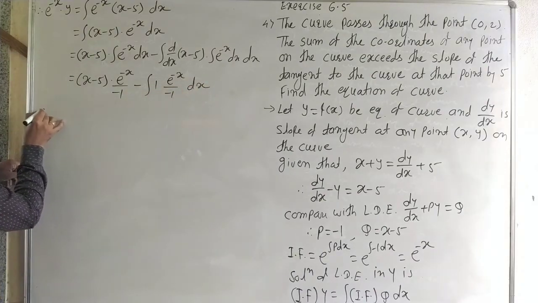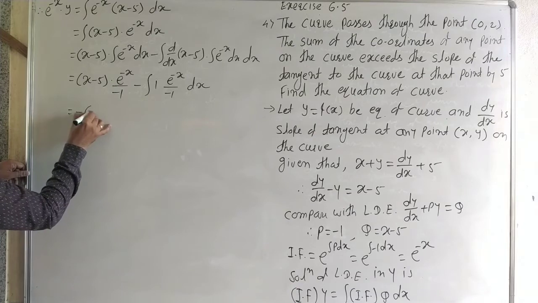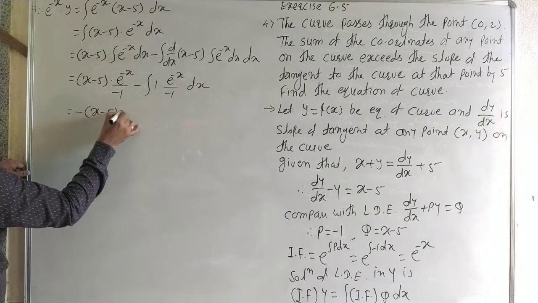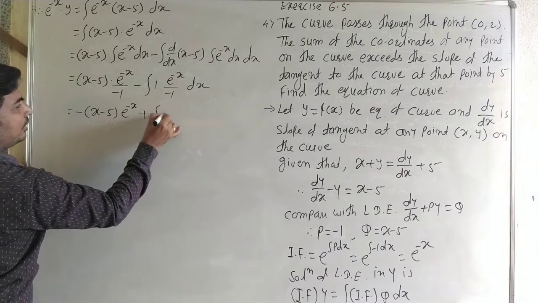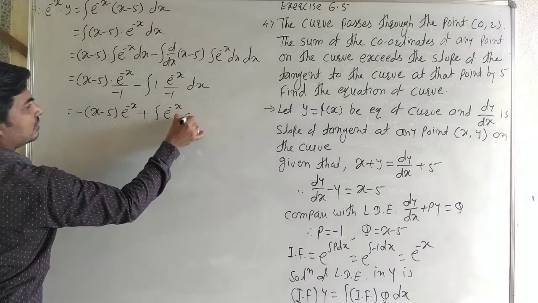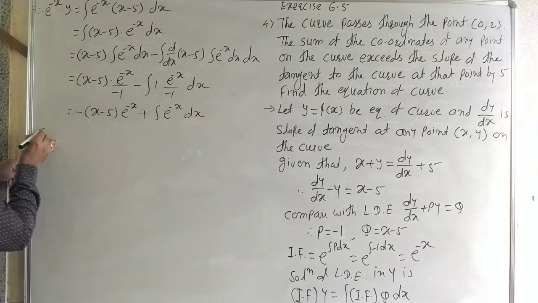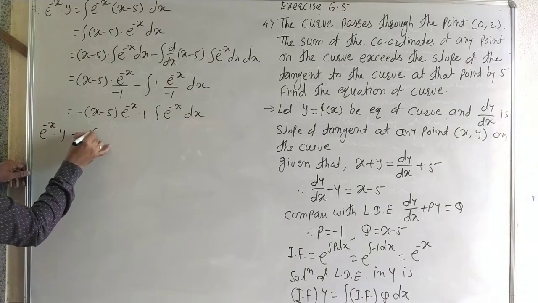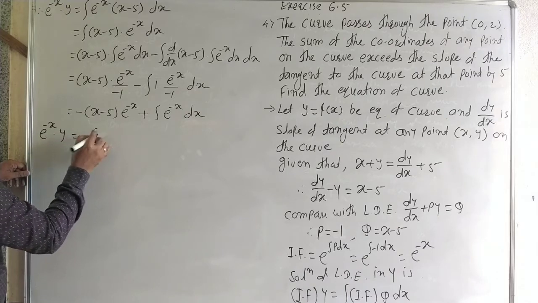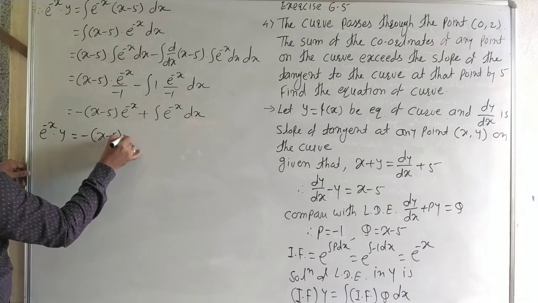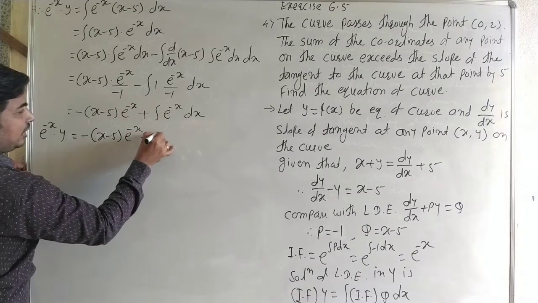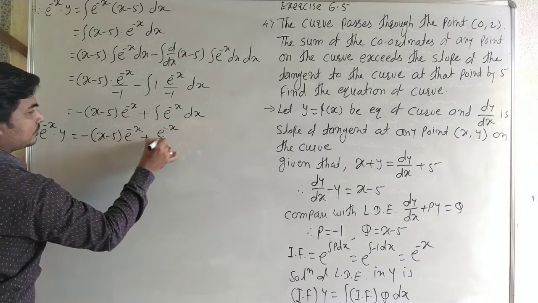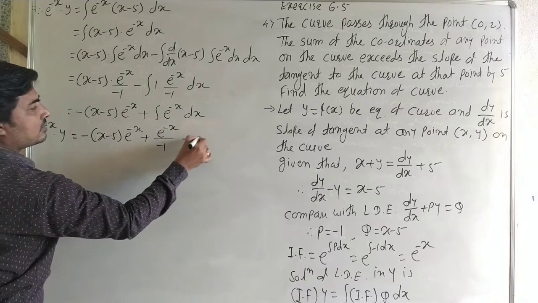Then here, -(x - 5)e to the power -x, minus minus is a plus, times the integral of e raised to -x dx. Now e to the power -x times y is equal to -(x - 5)e to the power -x, and here the integral is e to the power -x upon -1, plus c.